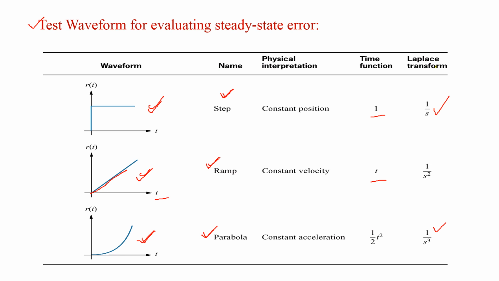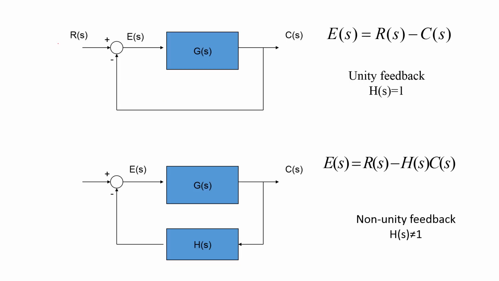Now we are going to obtain the steady state error formula by using these different types of inputs. These are the block diagrams for simple closed loop control systems: this one is with unity feedback and this one is with non-unity feedback.